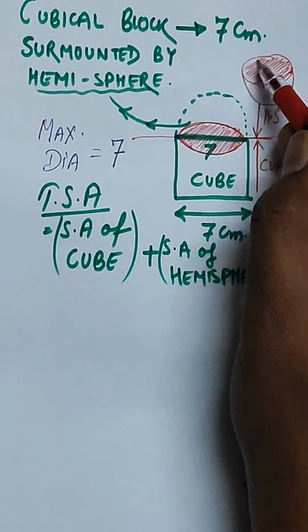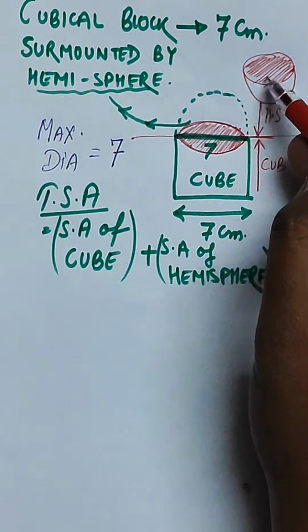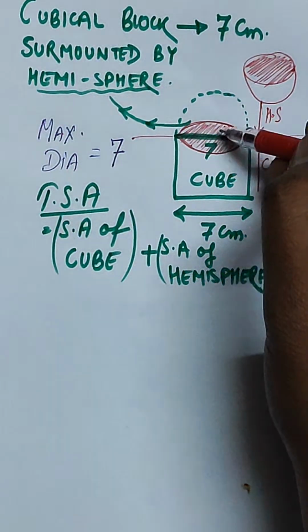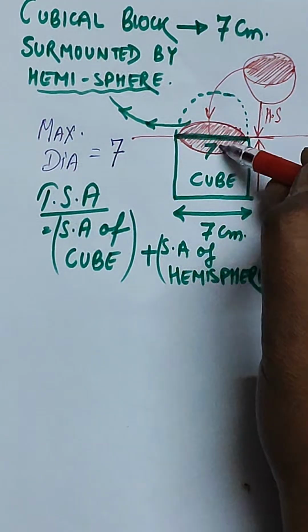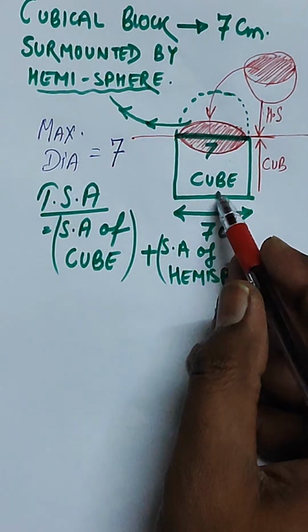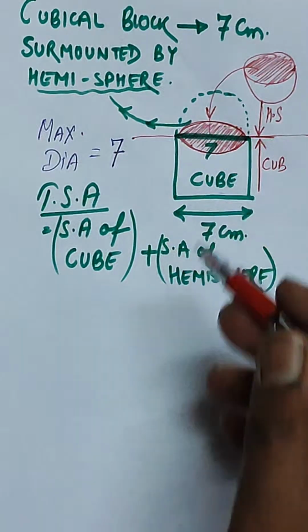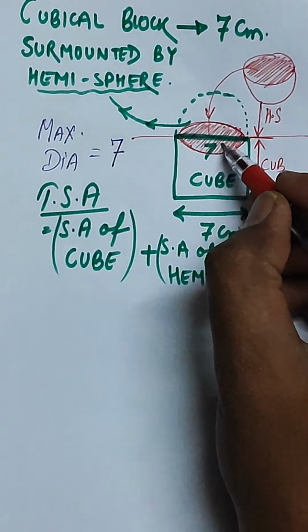Why do we need to remove this portion? Because this is the same portion which is inverted and looking like this, and this is in contact, so this will not be considered in the surface area. So that area needs to be removed, and what is that area? Definitely the area of this circle.